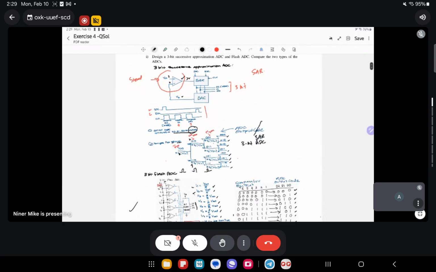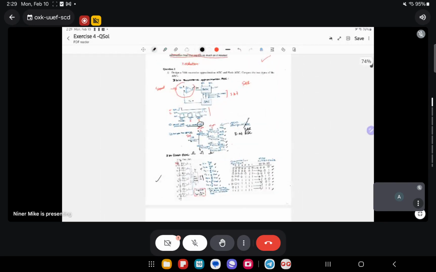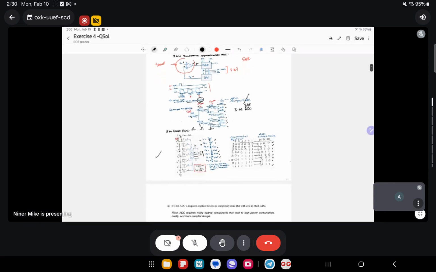Okay, so in terms of cost, which one do you think is cheap? Yeah, I agree on that. I think SAR is cheap. In a way, yes.